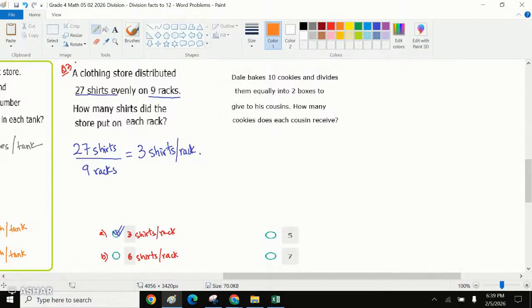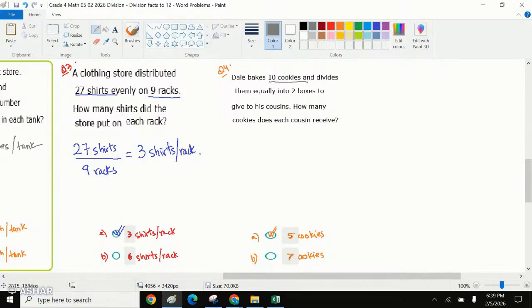Let this be our question number 4. Option A, option B. They would receive 5 cookies or 7 cookies each. Yes, Baruch. Thank you. They would each receive 5. That is option A.